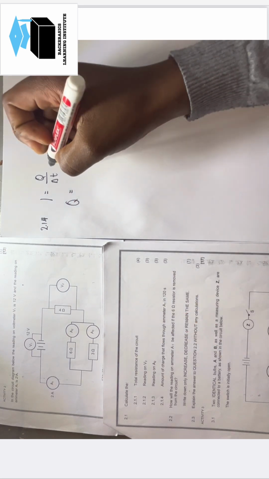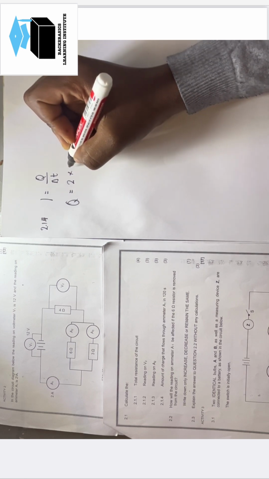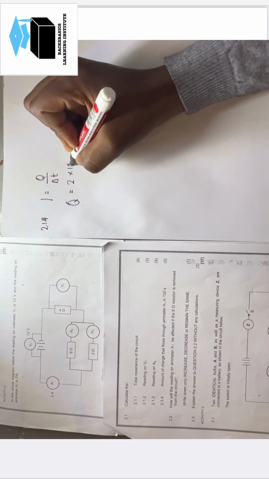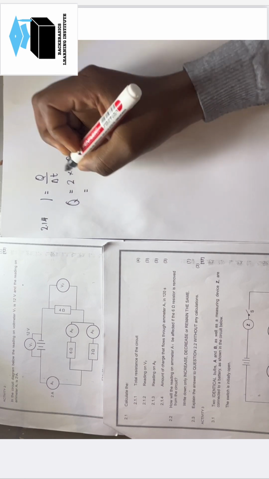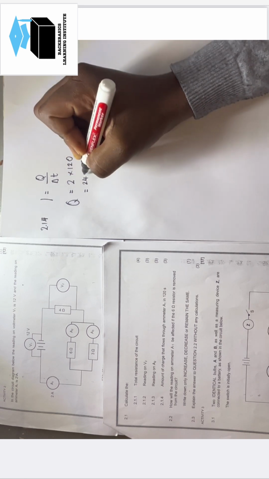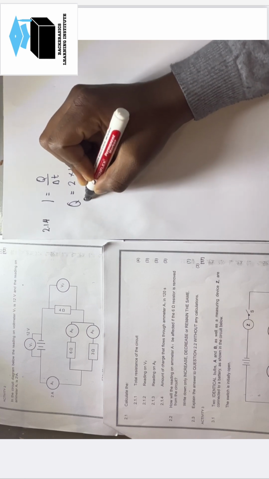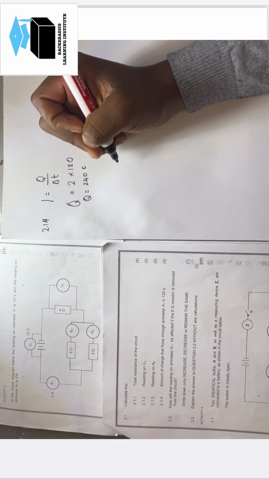So your Q is going to be equal to what? It is going to be 2 amperes multiplied by the time. The time is 120 seconds, which is the same as 2 minutes, right? So this is going to be 2 multiplied by 120, which is 240 coulombs. So your charge is 240 coulombs.